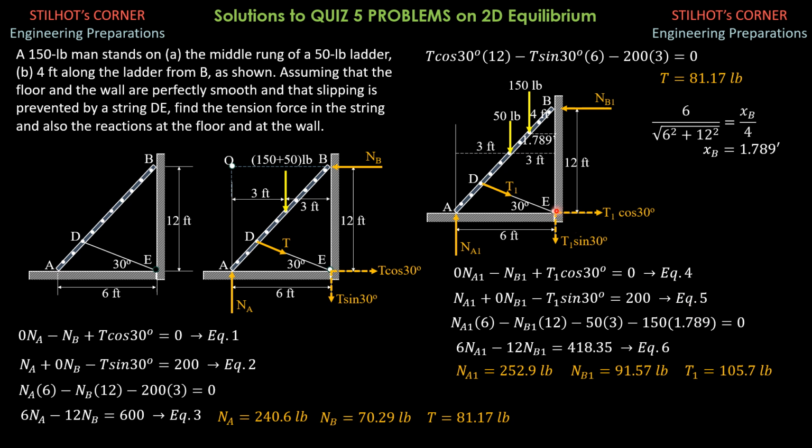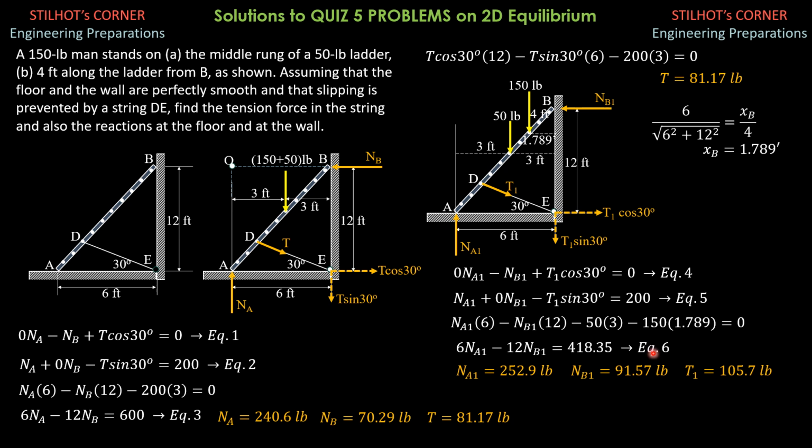And finally, summation moment about E again equals 0, NA1 times 6 minus NB1 times 12, then minus 50 times 3 minus 150 times 1.789 equals 0. Simplifying this constant, transpose to the right, so that the sixth equation is 6NA1 minus 12NB1 equals 418.35.